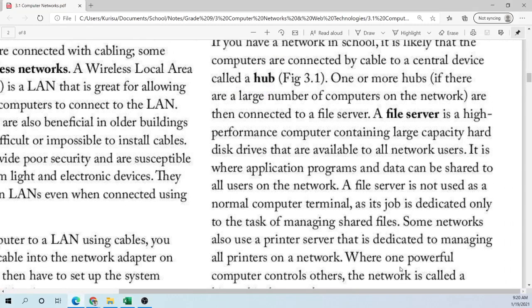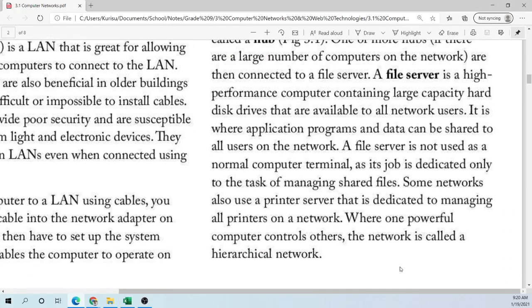Depending on what is being shared, that would be the name of the server. If it's a file server, printer server, and so on. But the main idea is that there is a central computer on the network called a server, and that server is what will host all of the data that is going to be shared.